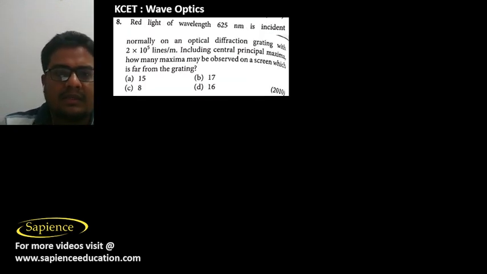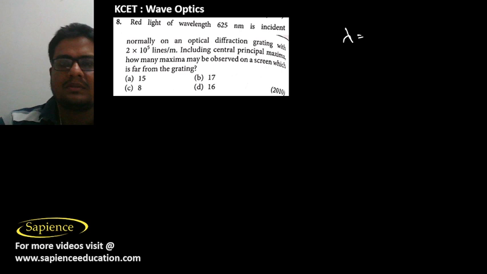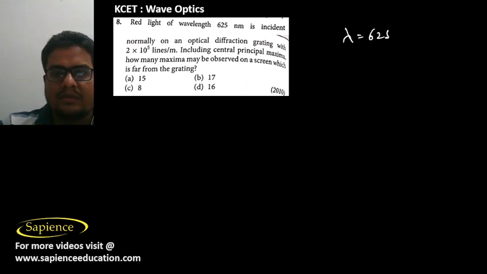And question number 8 is told: the wavelength of red light is 625 nanometer.